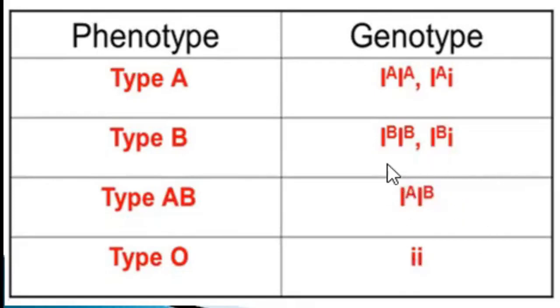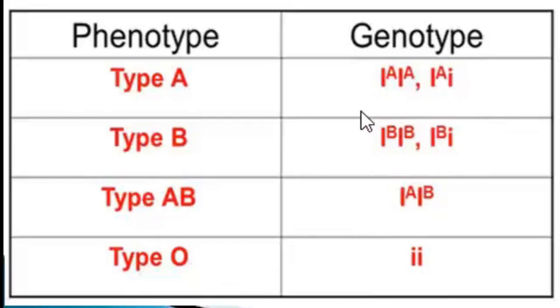And this is co-dominant, whereby the two alleles are expressed equally in the phenotype. And then you have blood group O. Blood group O also has one option, that is two recessive alleles. So if you have blood group O, it means that you have a recessive allele for blood type.